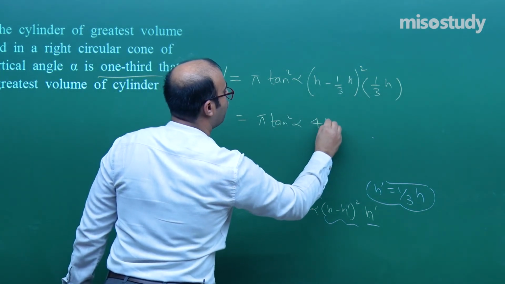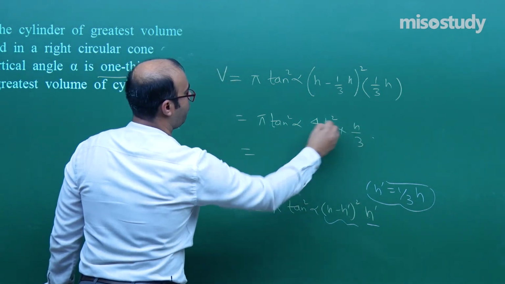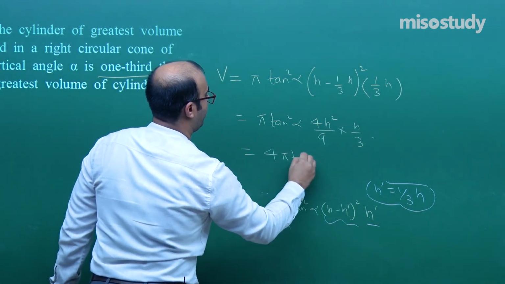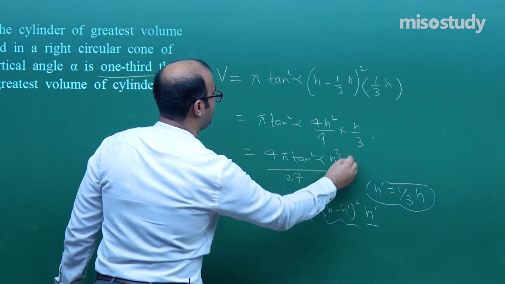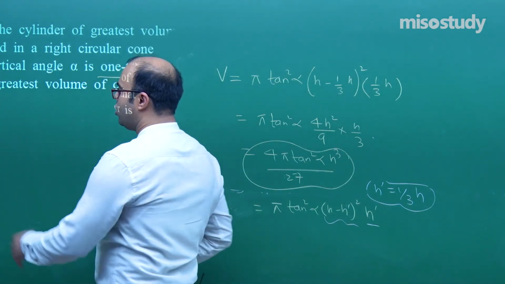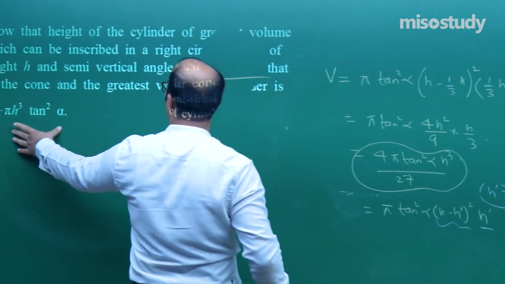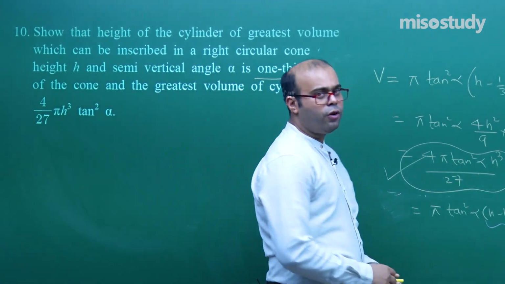On squaring, 4h square by 9 into h by 3. So this will become 4 pi tan square alpha h cube by 27. This is the maximum volume of the cylinder which can be inscribed in the cone. So the answer 4 by 27 pi h cube tan square alpha is correct. So this is all for this lecture, students.